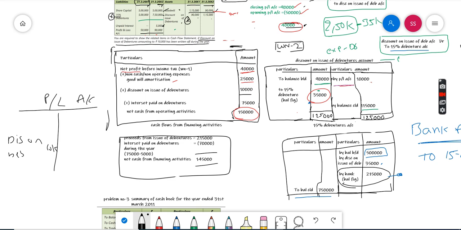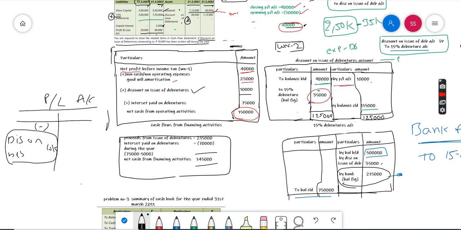When you write off, obviously you will write in the P&L account, but we want only the items relating to operating, and this is a non-operating activity. Previously you have deducted, now add it back 10,000, right?